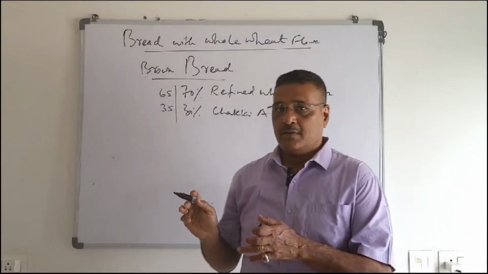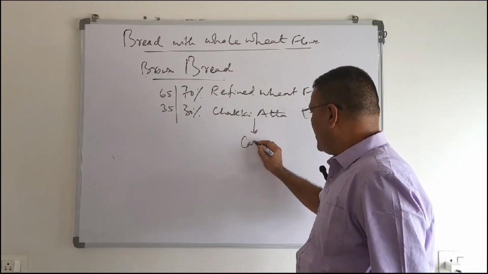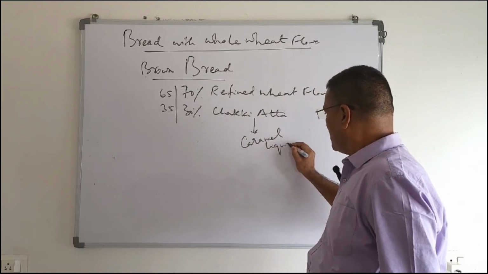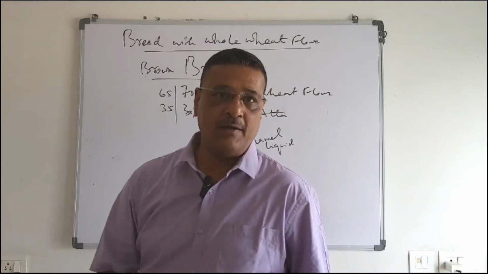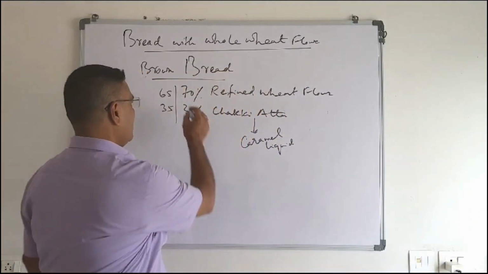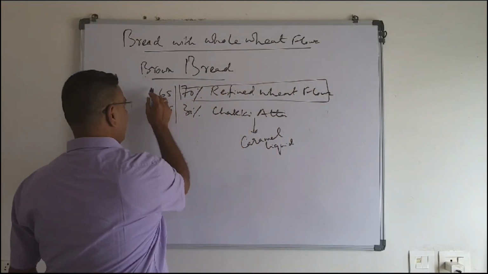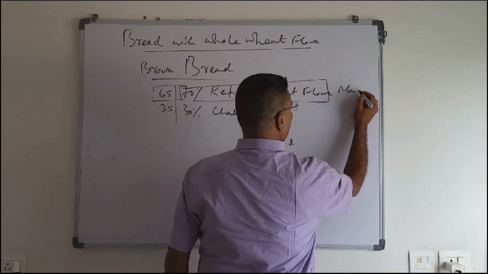In this formulation they add caramel liquid, and thus it is denoted as brown bread. But the factor here is that up to 70 or 65% refined white flour, we call it maida, is used.